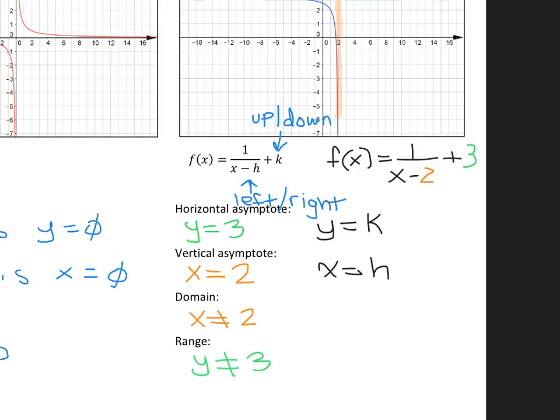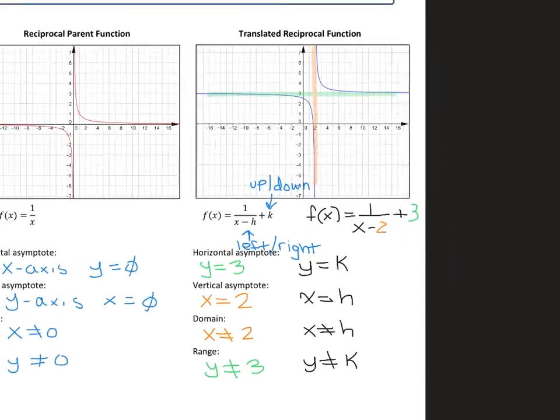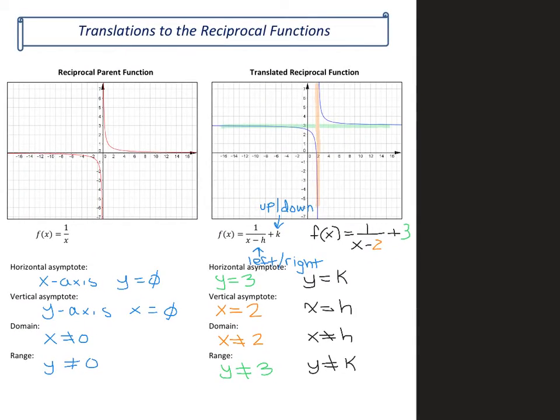And if I take that further, then my domain cannot equal that vertical value, that vertical asymptote, and my output cannot equal that horizontal asymptote. And so you can see that it's very evident, both in the graphical form as well as the function form, that we can read translations right off the graph or in the equation itself.